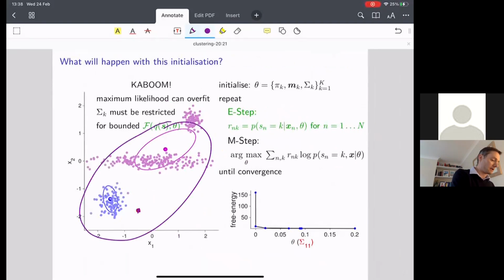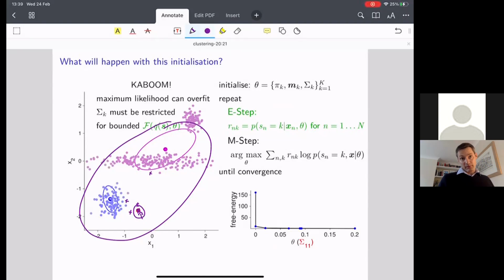We expect to see data around here and maybe in the region here, but not precisely equal to the value of the data point we've seen before. So in that sense, the maximum likelihood solution is putting really high probability on the training data and very low probability on the test data, or at least lower than it should, because it's wasting a component to model this one data point.